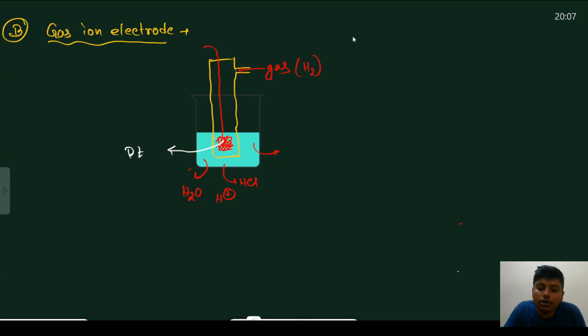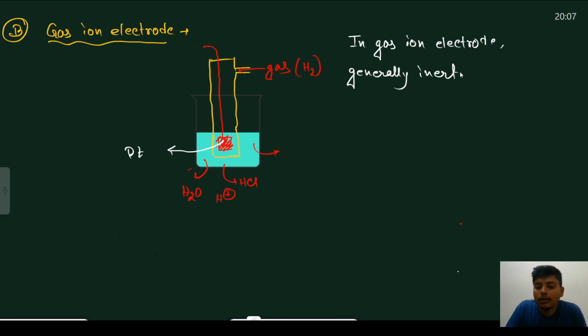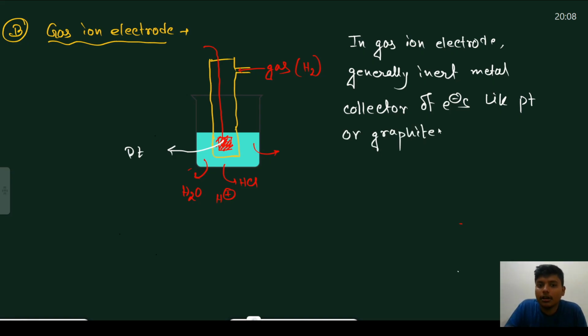So what is a gas ion electrode? In a gas ion electrode, generally an inert metal, which is a collector of electrons, like platinum or sometimes graphite, meaning carbon, is used. It is inert, so it will not react with the gas.